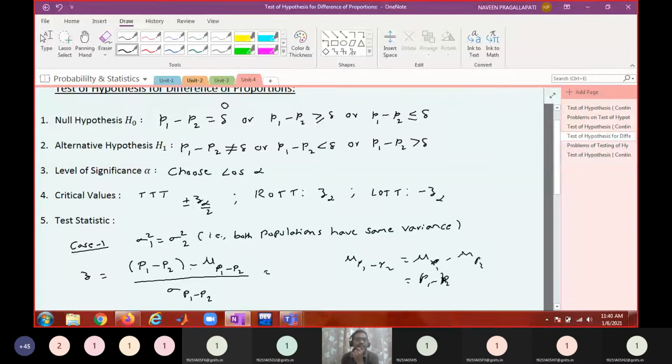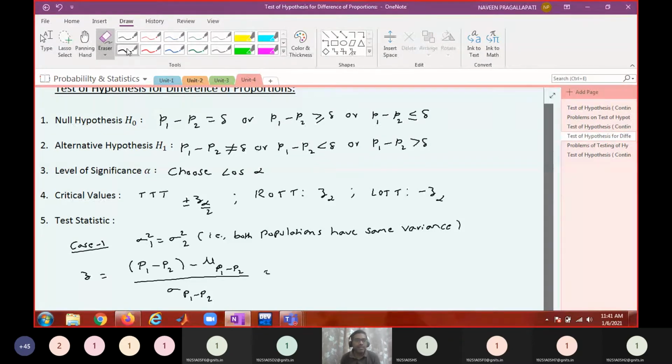In that case, we compute the pooled proportion, which will be given like this. This p1 minus p2 is going to be delta actually, and this delta can be 0 if you are assuming so. At present I am going to write it as delta only.